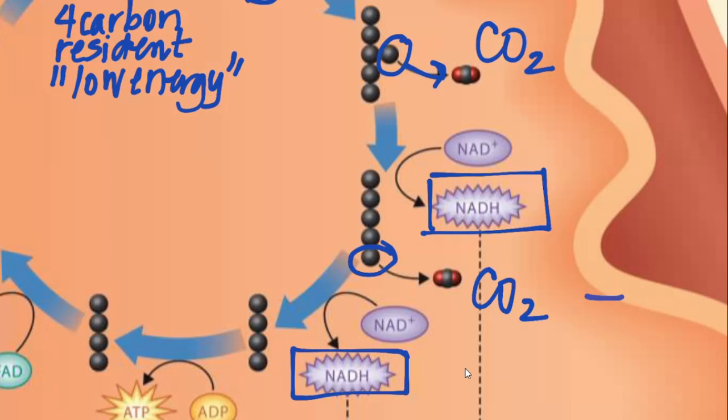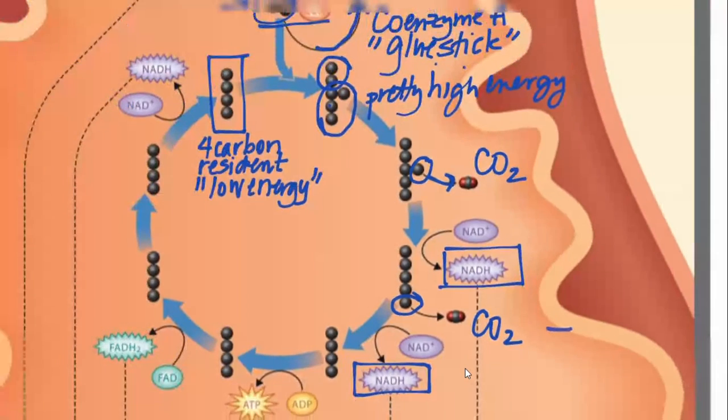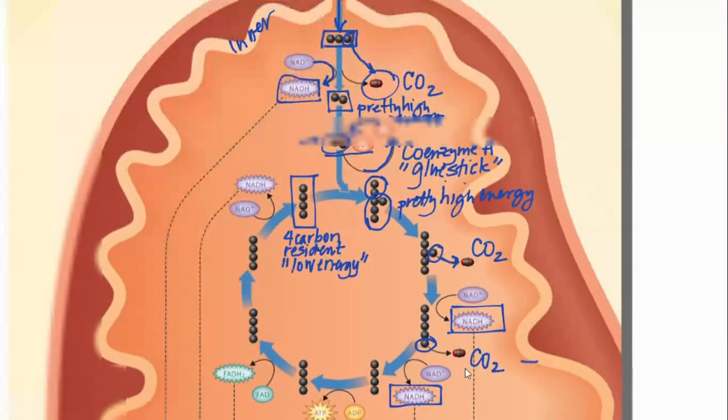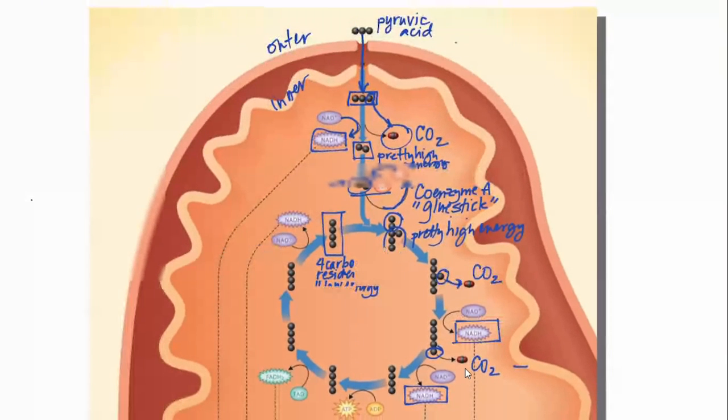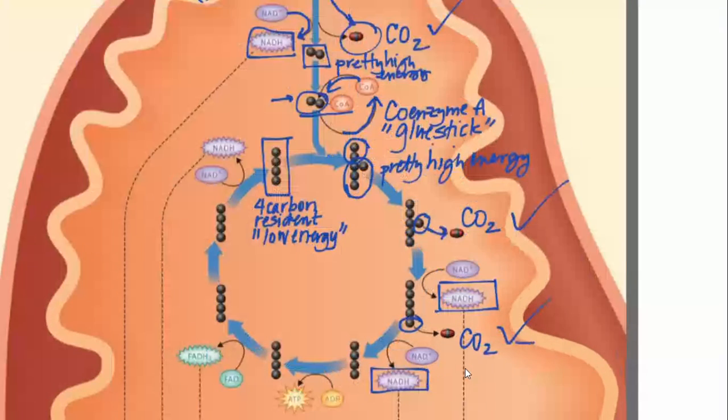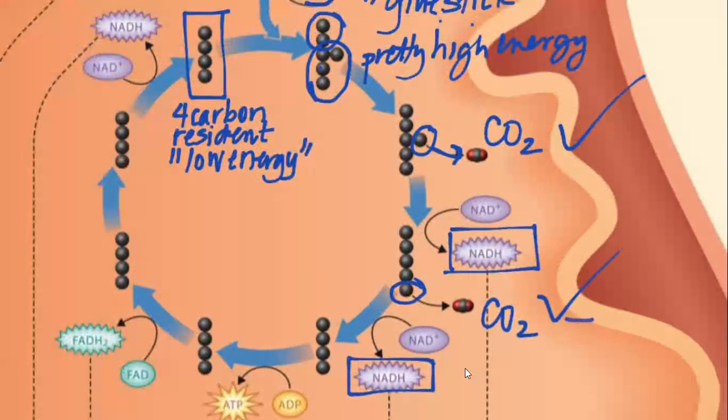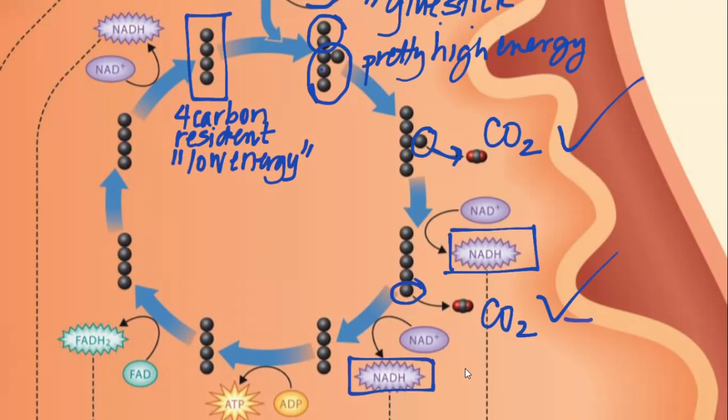All right, let me pause here to tell you what we've done. We started with 3 carbons in pyruvic acid, and we removed 1, 2, 3. We've removed them all, which means that the 4 carbons we have left are the 4 carbons with which we're going to restore this 4-carbon resident molecule.